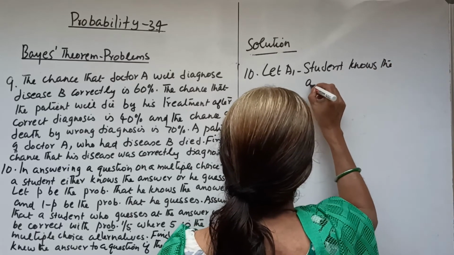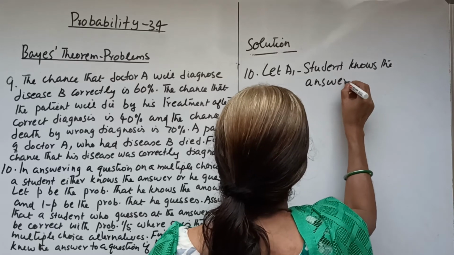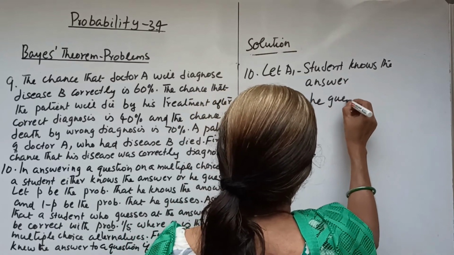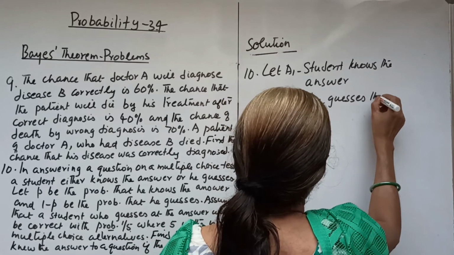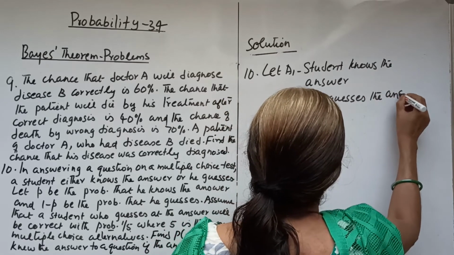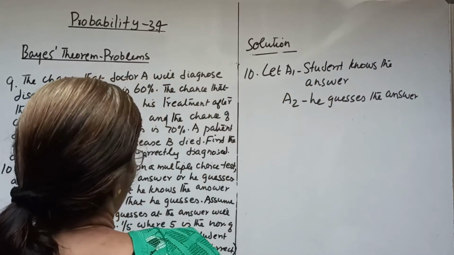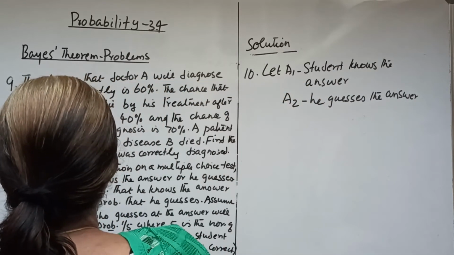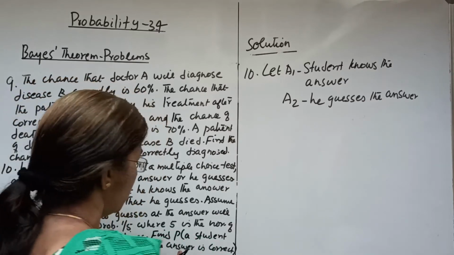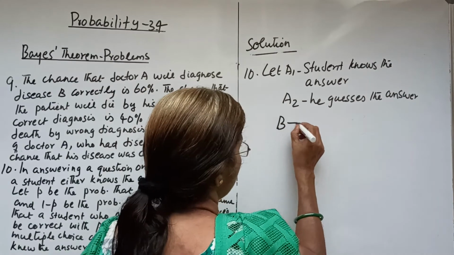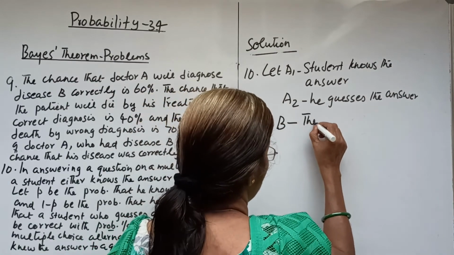Let A1 be the event that the student knows the answer, and A2 that he guesses the answer. Let B be the event that the answer is correct. We must find the probability the student knew the answer if the answer is correct.